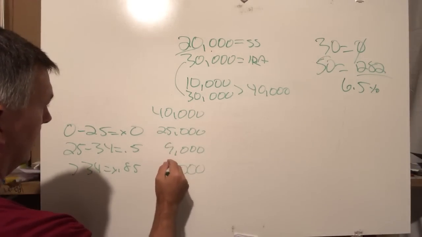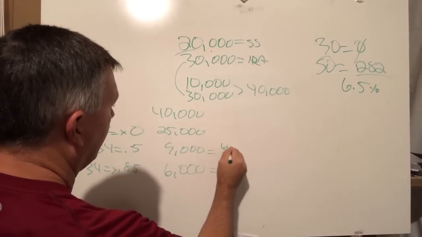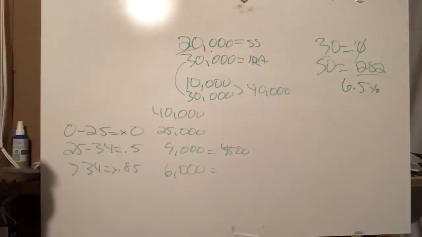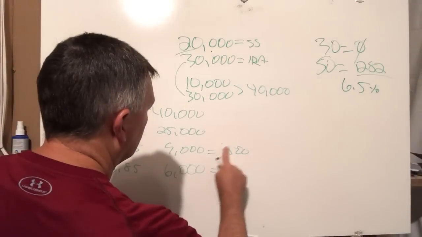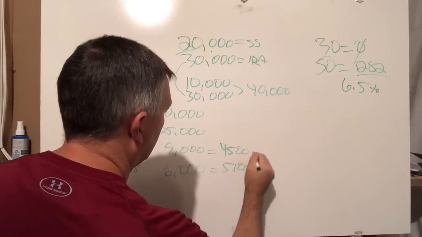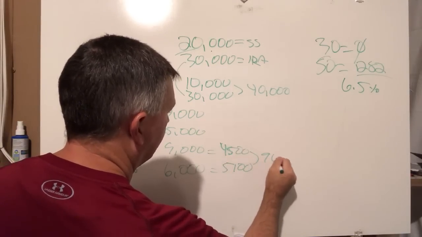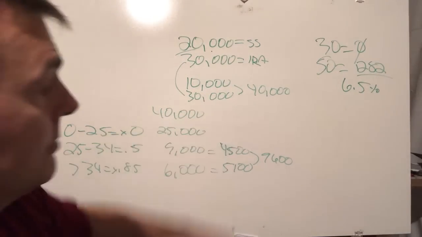So 31. Yeah, there you go. So that's $4,500, and $6,000 times 0.85 is what? $6,000 times 0.85 is $5,100. $4,500, $5,100. So that's $9,600.